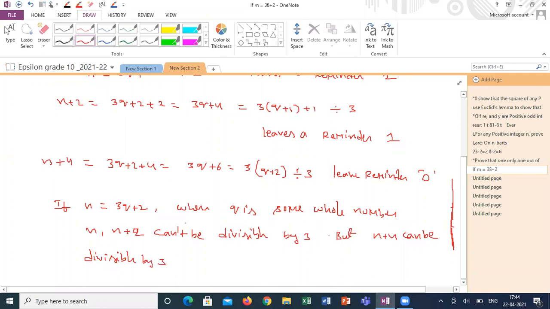So one and only one can be divisible by 3 for the second case also. Correct or not? Guys, got it what I'm saying?